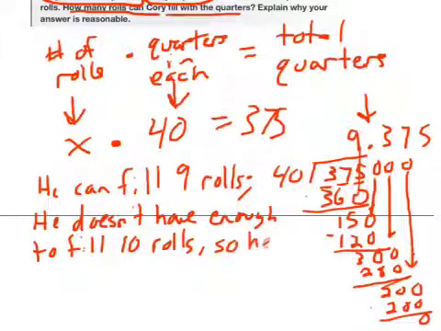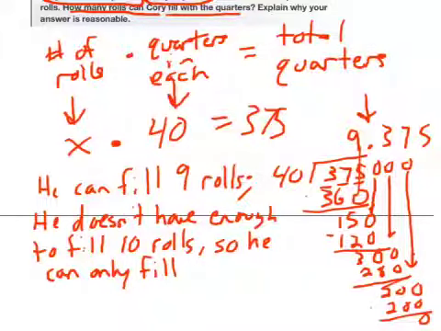So he can only fill 9. And he'll just have to have some left over that don't go in a roll. But that's why our answer is reasonable. We got a decimal answer and we can't have a decimal answer. We know he can't fill 10 rolls completely, so he can only fill 9.